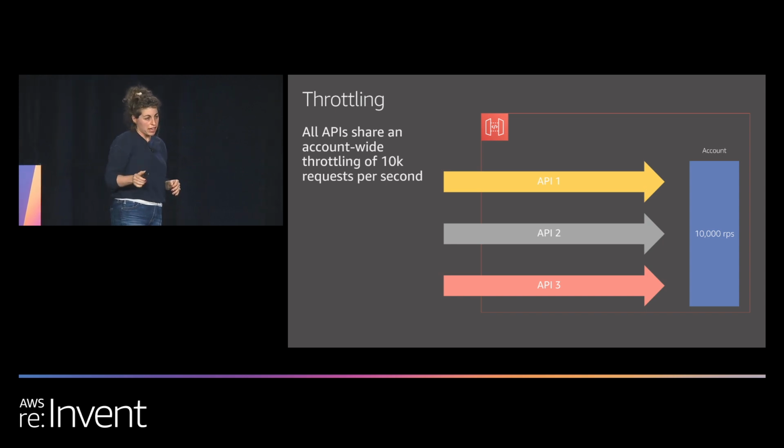Now, if that client sends 10,000 requests in the first millisecond, API Gateway could only serve up 5,000 because that's our burst limit, and it would throttle the rest in that 1-second period. So we have a 10,000 requests per second limit and a 5,000 burst limit.